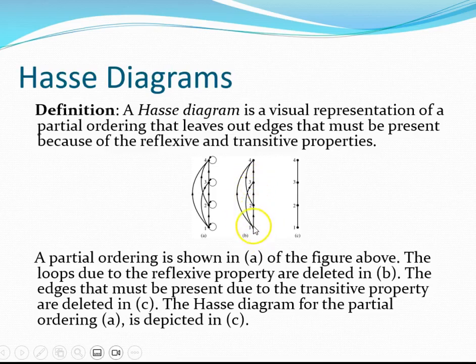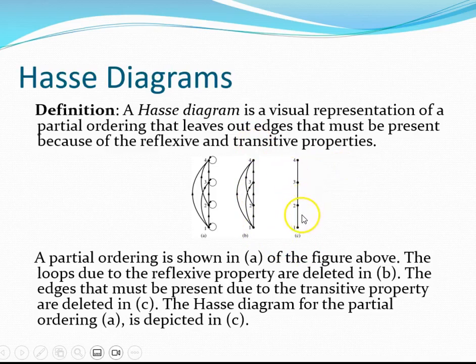So any arrow that can be obtained from the transitivity law is omitted in B, and this way we end up with C, and here the arrows are omitted because all the arrows point upward, so we know in advance.